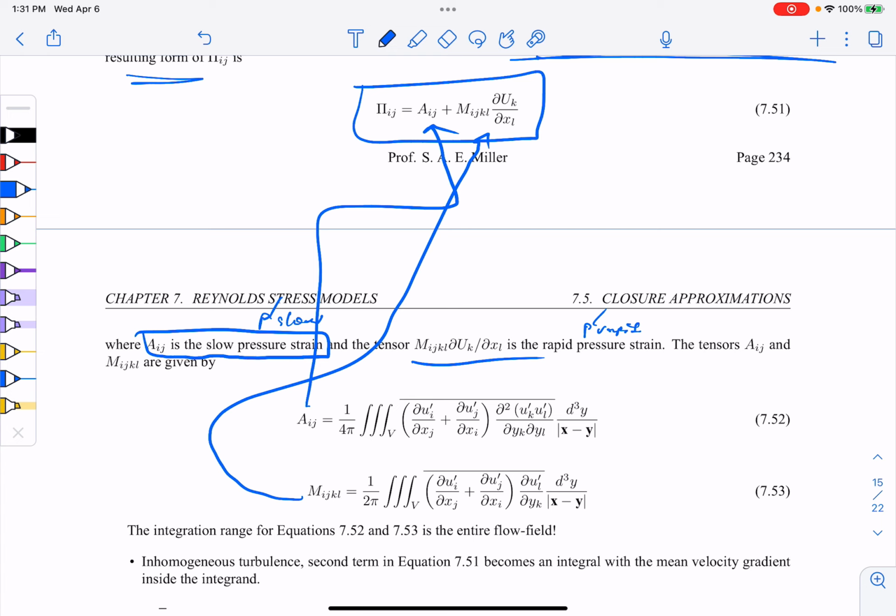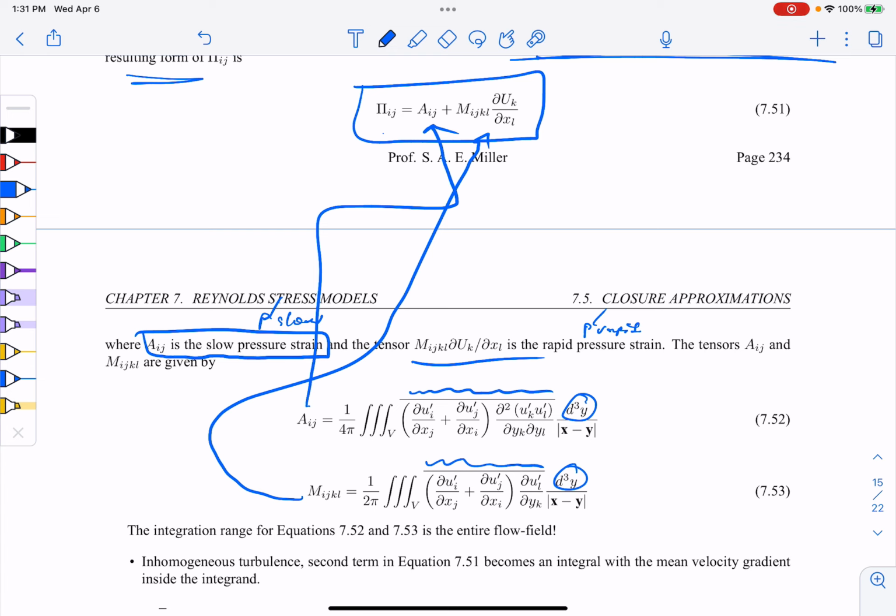Now you can see that this is a closed form solution, but in practice we would have to know everything inside the integrand exactly, and we would have to integrate it over all space. So we would have to integrate every point in space to calculate pi ij for all time.